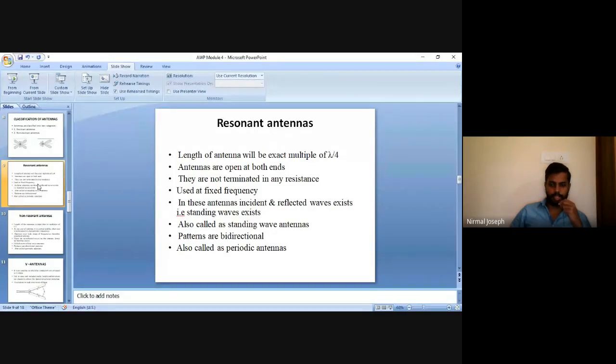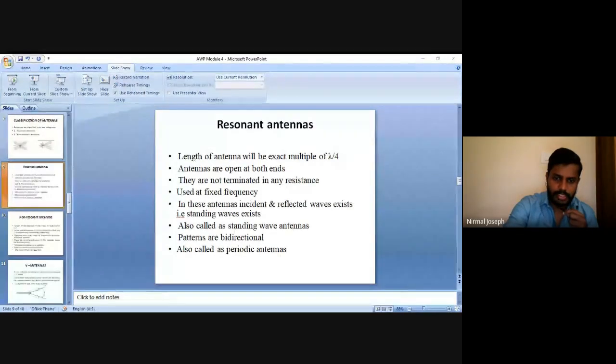How can that be possible? We have already seen that these antennas are not terminated at any resistance. At the edge of the antenna, we are not using any resistance, so that will be open circuited, which means there will be infinite resistance.